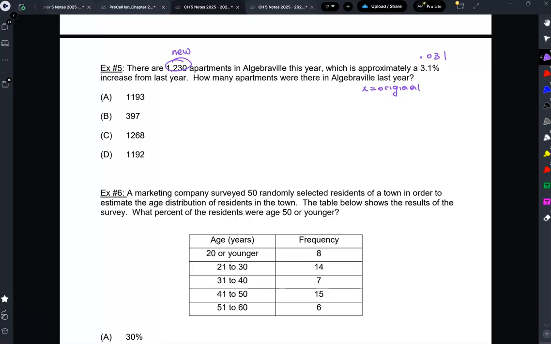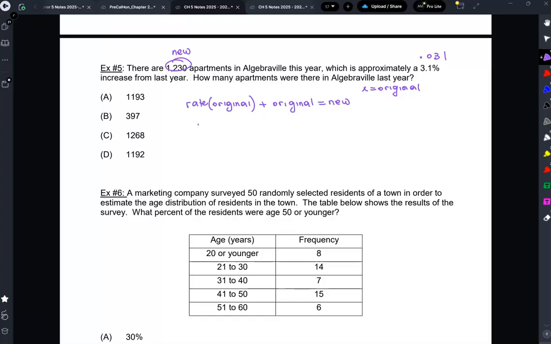So what we had before was the rate times the original plus the original, and this equals the new, right? That's what we had before. So that's what we're going to have today.